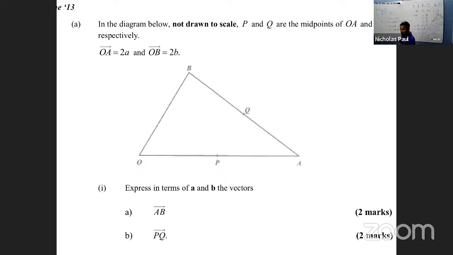Okay, that's quick. P is the midpoint and Q is the midpoint of P. Yes, that's right. T will be one.